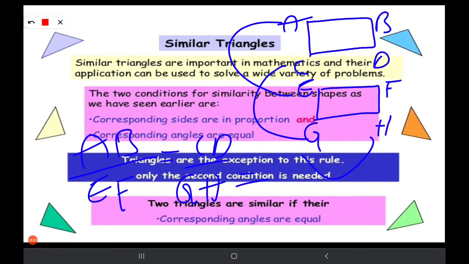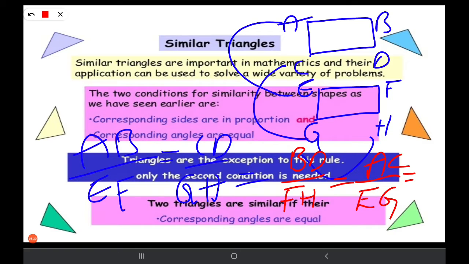and next, taking the reverse manner, BD by FH, that is equals to AC by EG. Okay, if you take these ratios, they must be in proportion.